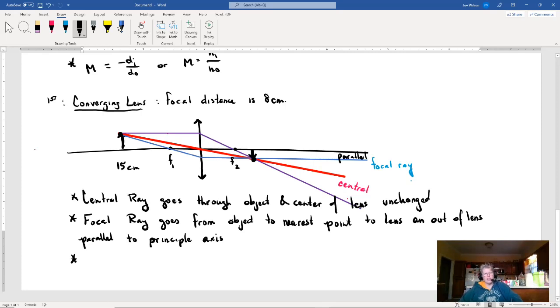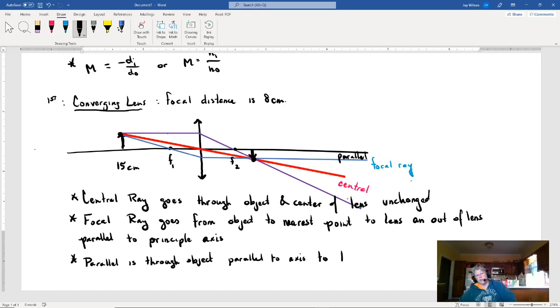Last but not least, the parallel ray goes through the object parallel to the axis to the lens, then out from the lens to the far side, to the far focal point.